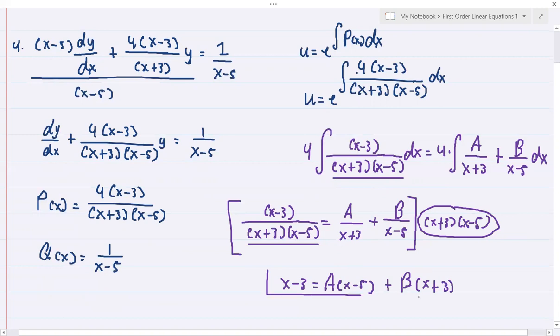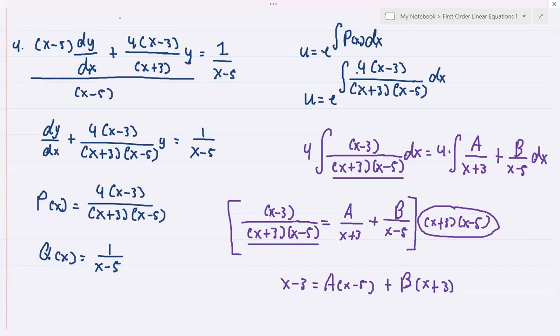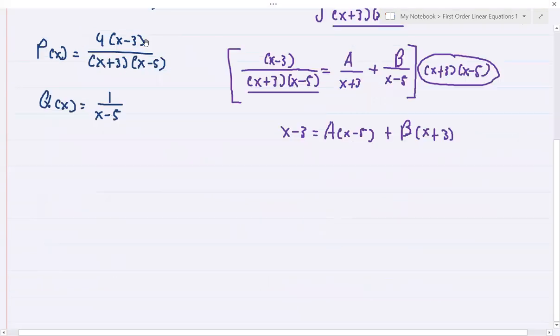So this is our working equation. Now, since we have x plus 3 and x minus 5, what if your x is equal to 5? So if your x is equal to 5, we will have 5 minus 3 is equal to a times 5 minus 5 plus b times 5 plus 3.